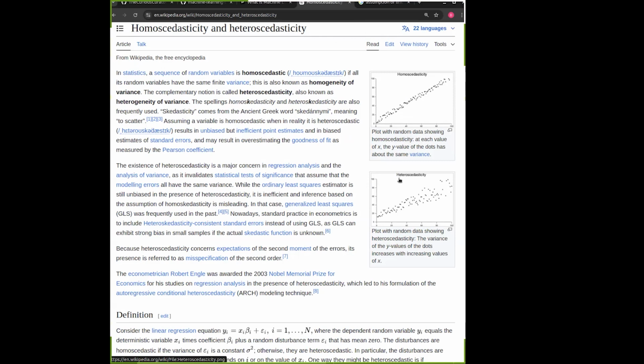Here is an example of heteroscedasticity, where as I increase my x, my variance is also increasing. So if we have this kind of data, we might have to model heteroscedasticity in some way. What I'm trying to say is I just wanted to explain the meaning of these things and what the assumptions of a linear regression are.